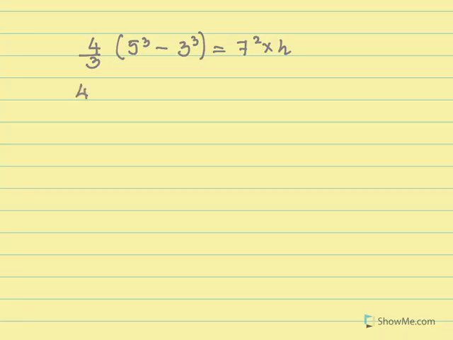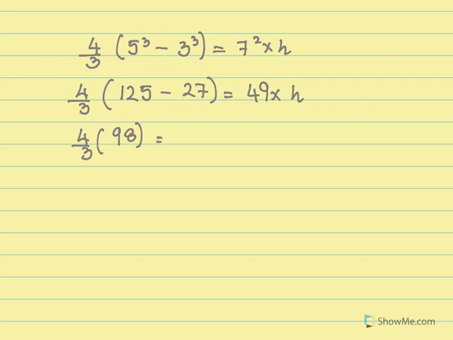So let's continue. This is 4 by 3. 5 cube is 125, 3 cube is 27. This is now equal to 49 into h. So 4 by 3, 125 minus 27 is 98. This is 49 into h.